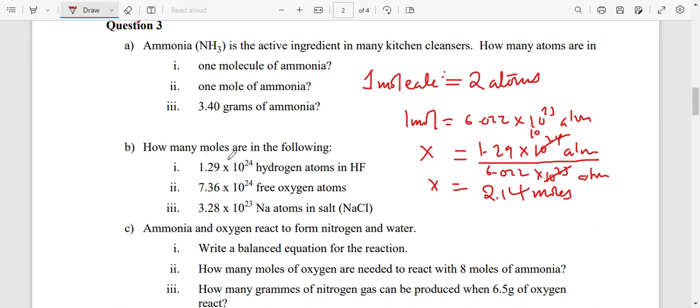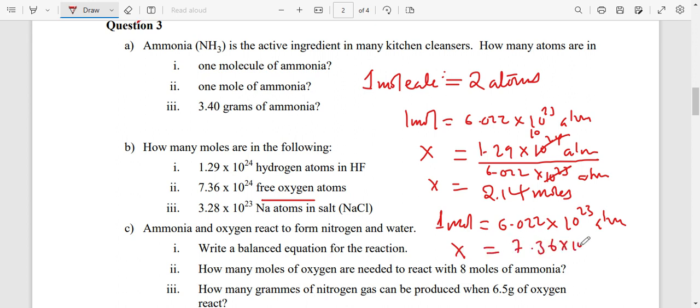And then the next one, how many moles are in 7.36 times 10 to the power 23 free oxygen atoms? Okay, free oxygen atoms. Same, we know that one mole is 6.022 times 10 to the power 23 atoms. Now, how many moles are going to be in 7.36 times 10 to the power 23 atoms of oxygen?